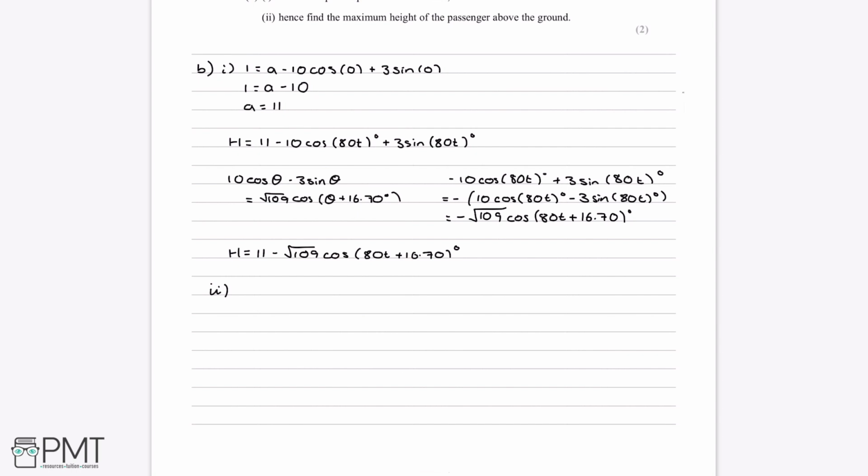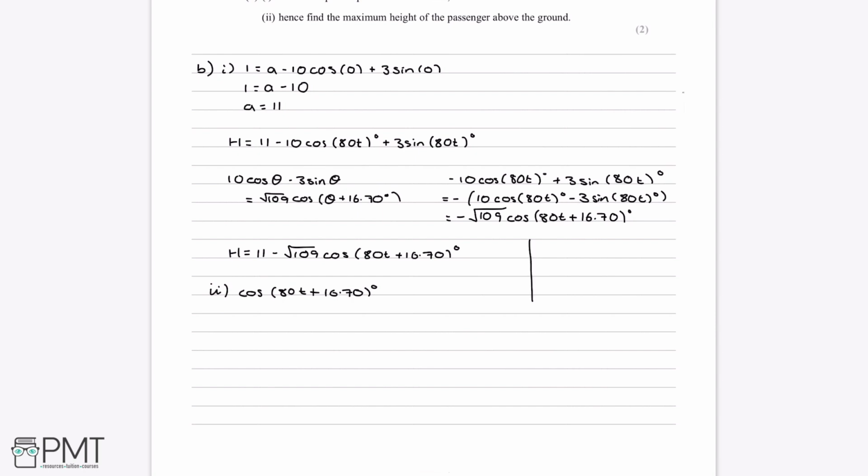And the way we do this is by altering t, because that's the variable that we can change. So if we take a look at cos of 80t plus 16.70 degrees, the largest value that cos can take is 1, and the smallest value that cos can take is minus 1.